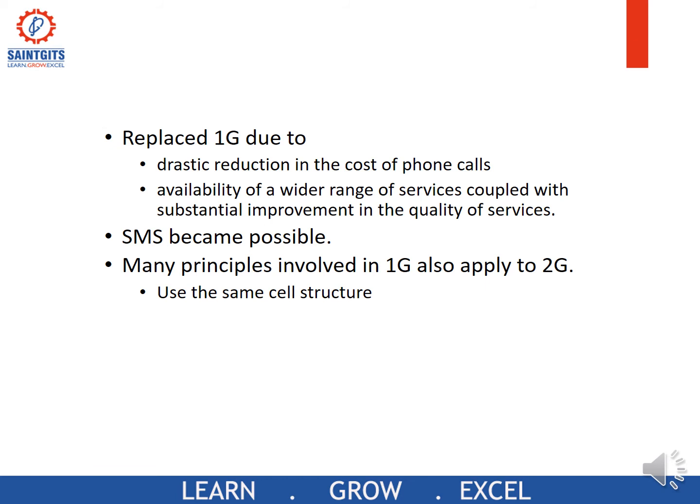Also, SMS became possible in 2G services. Then the same structure of 1G is used in 2G. With the same structure, we can achieve these many things. So, 2G technologies replaced first generation technologies.